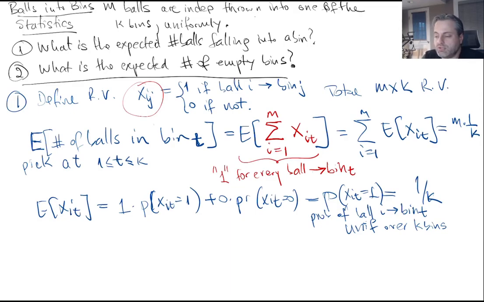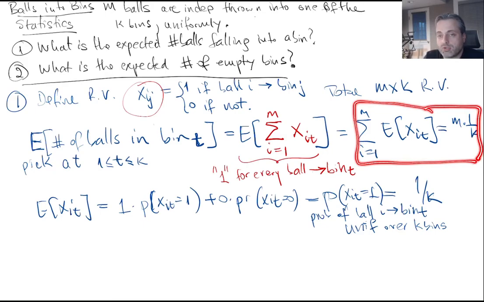That's intuitively very easy to swallow, so to speak. If you throw m balls into k bins, on average you get m divided by k per bin. But now you have a mathematical result showing that that's actually true.